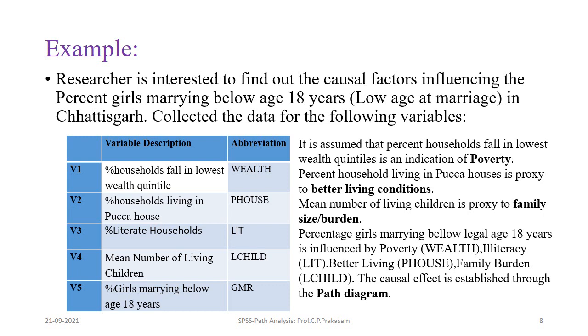The causal effect has been established by using the path diagram. Here the researcher is assuming that poverty, illiteracy, living in poor housing condition and having a large number of children in the household may influence the percentage of girls marrying below 18 years, which will be very high. From the path diagram, the interrelation and causal relation will be established.